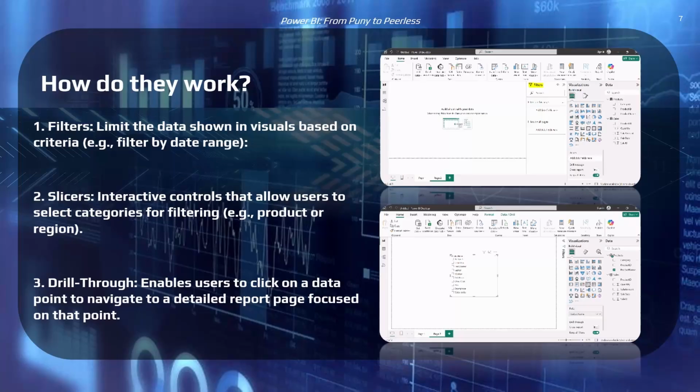How do they work? Filters limit the data shown in visuals based on criteria, for example, filter by date range. Slicers are interactive controls that allow users to select categories for filtering, for example, product or region. And drill through enables users to click on a data point to navigate to a detailed report page focused on that point.